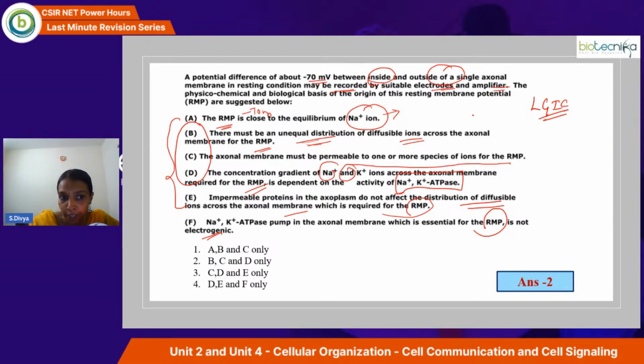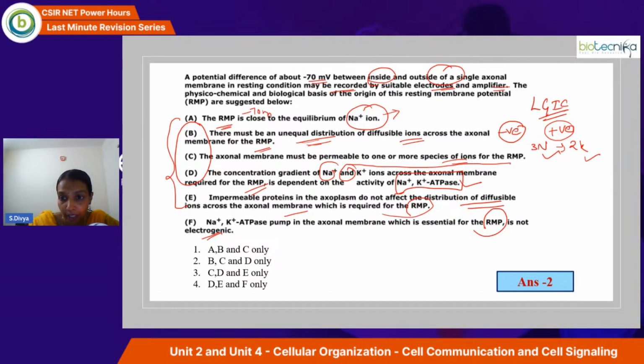Unequal distribution has to be maintained. Then only the membrane becomes inside negative and outside positive. If you remember, 3 sodium to 2 potassium. The axonal membrane is permeable to one or more species of ions, obviously sodium and potassium. Concentration is dependent on, as I told you, sodium and potassium.